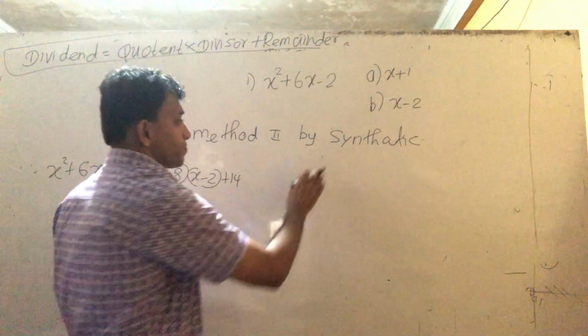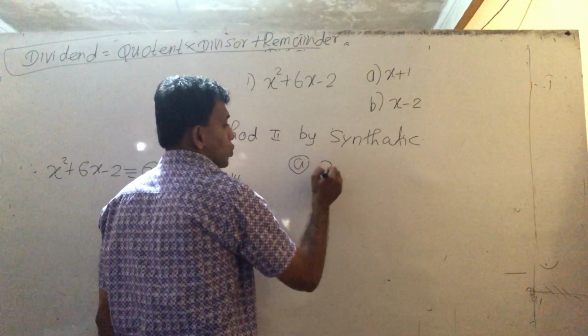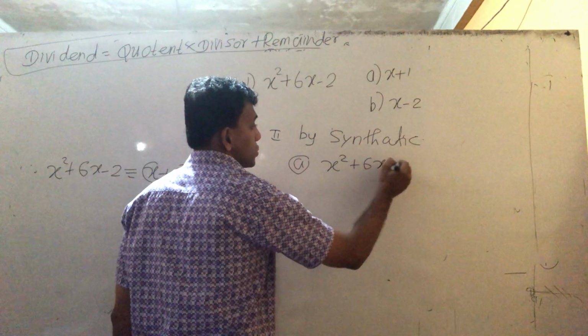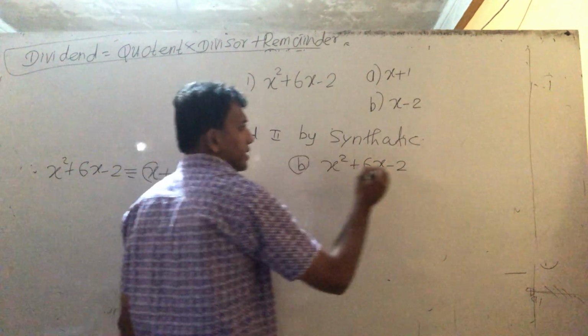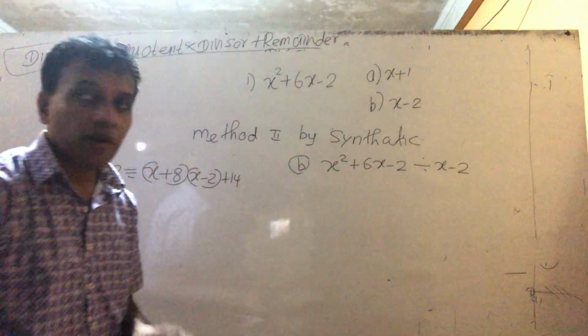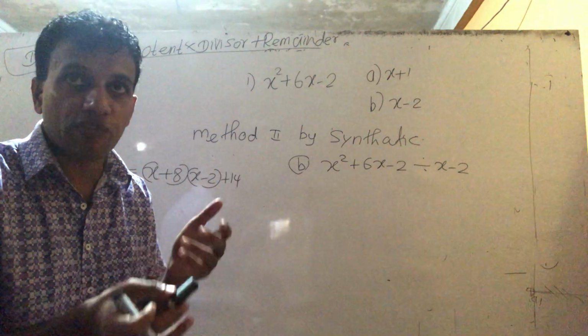See, first part, a part, x square plus 6x minus 2. I take the b part first, easy to explain that. Already you know the answers for both of these divisions, so you can check whether both are the same or different.